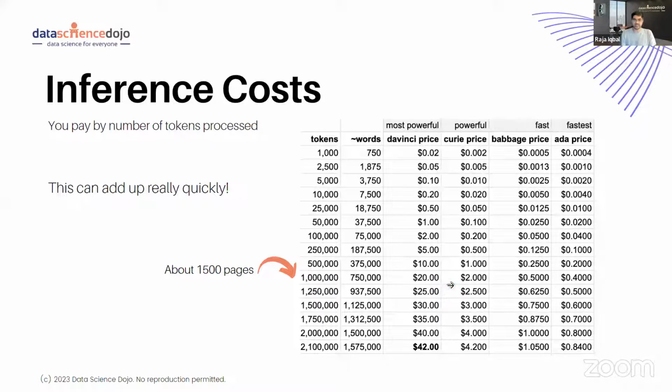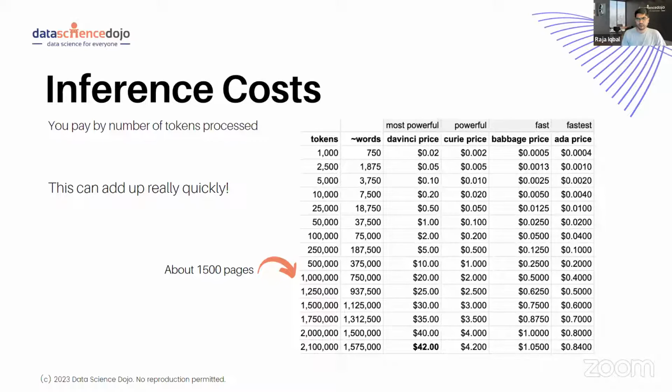So I type, can you summarize this? And I throw 750,000 words at DaVinci. It is going to result in $20 for one summarization, one task that I sent out. And you can see how these costs increase drastically.